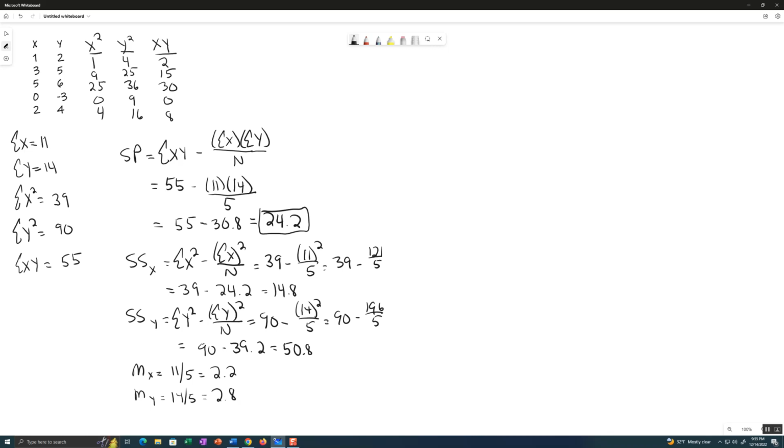And now we can calculate R. The Pearson correlation is SP on top over square root of sum of square x times sum of square y. So our SP on top, we have at 24.2. Our square root of sum of square x, 14.8.